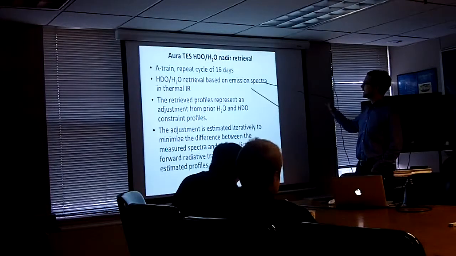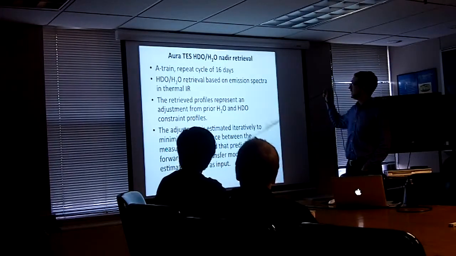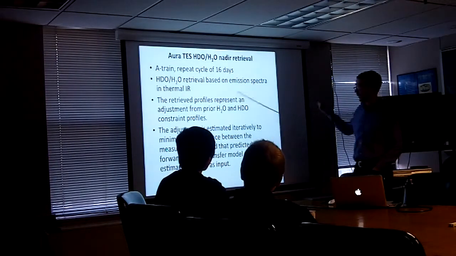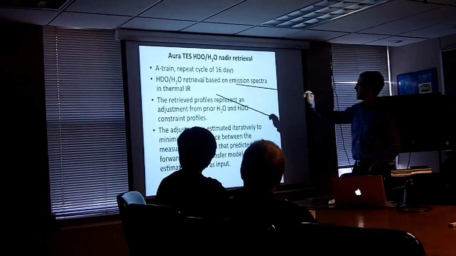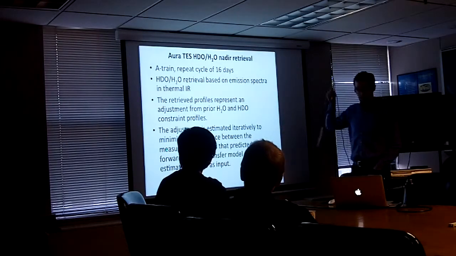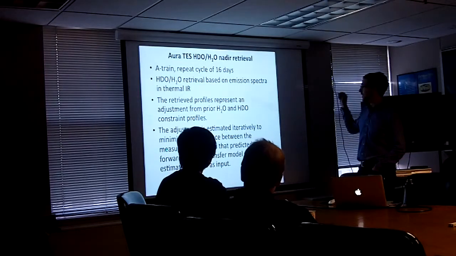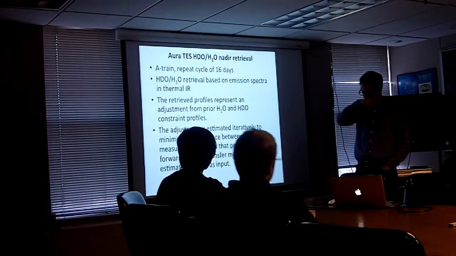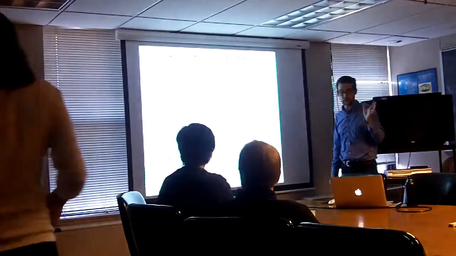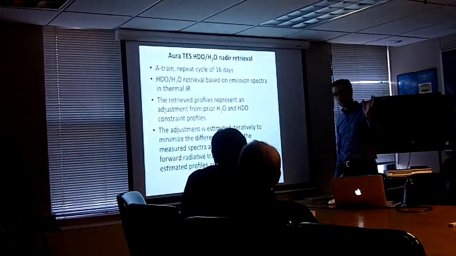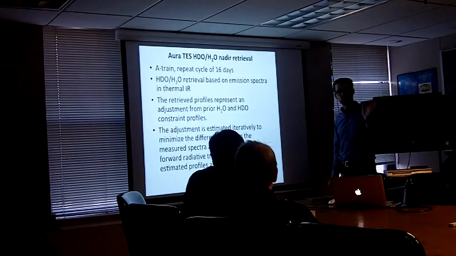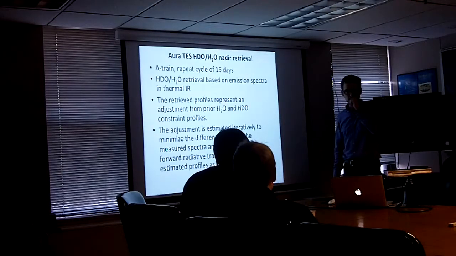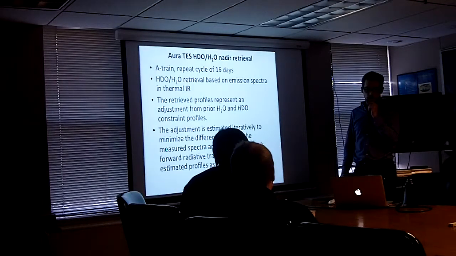Aura is on the A-train with a repeat cycle of 16 days, so that, first of all, needs to be taken into account: the Aura path. The HDO retrieval is based on emission spectra in the mid-infrared. The retrieval is based on optimal estimation, so the retrieved profiles represent an adjustment from prior constraints for the water and HDO amounts.